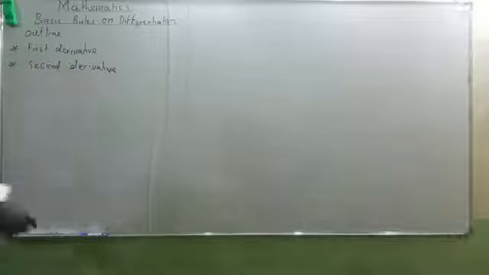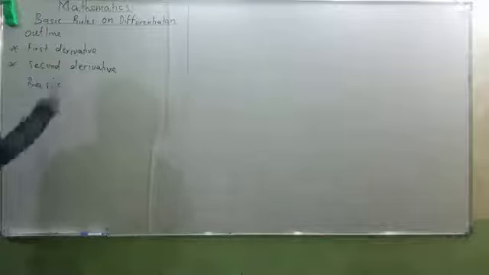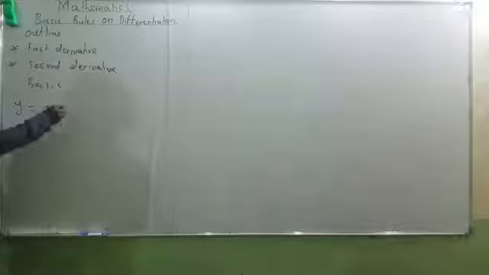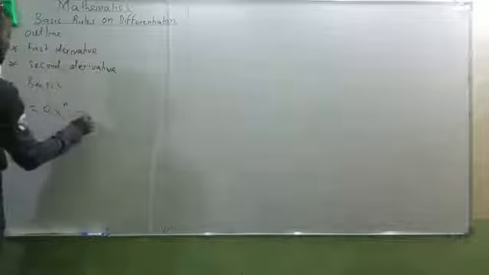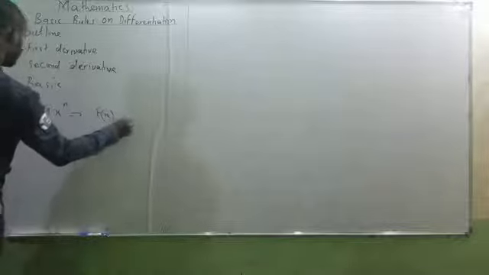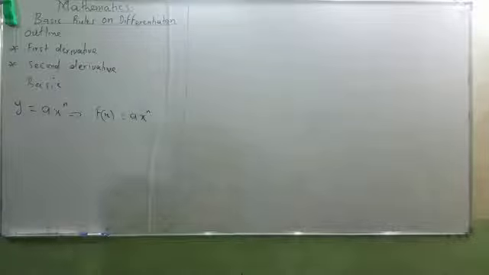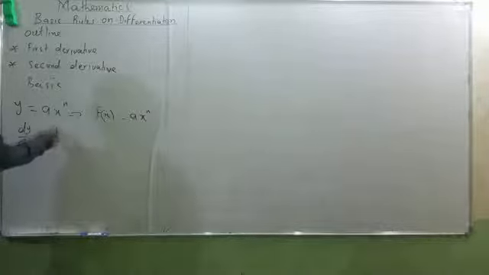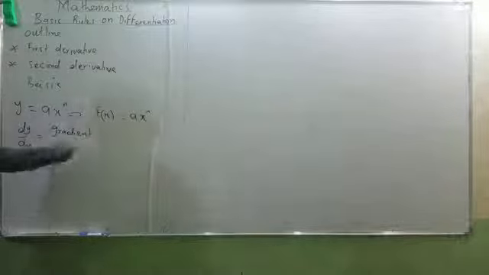Now, when we talk about the basic rule, note, basic rule, for instance, we have y equals ax raised to power n. I can as well write it as f of x equals ax raised to power n. When we talk about total derivative, I can say that dy/dx can be equal to the gradient of a given function.